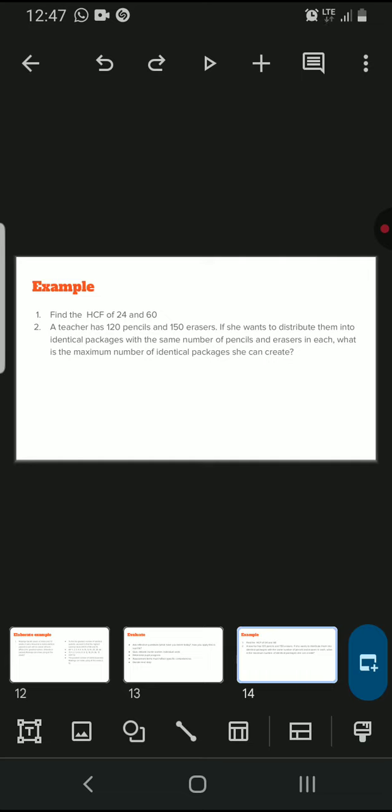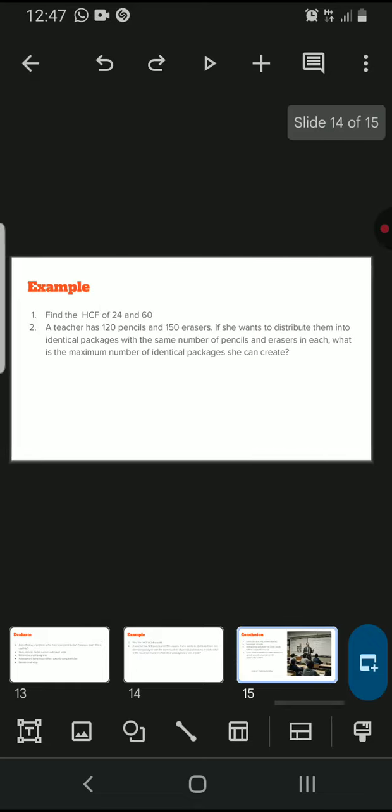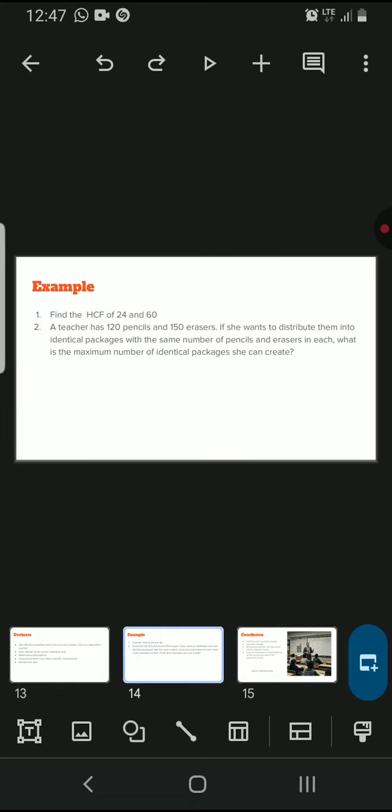If she wants to distribute them in identical packages with the same number of pencils and erasers, what is the maximum number of identical packets she can make? In answering the second question, the pupils will apply the idea of highest common factor.